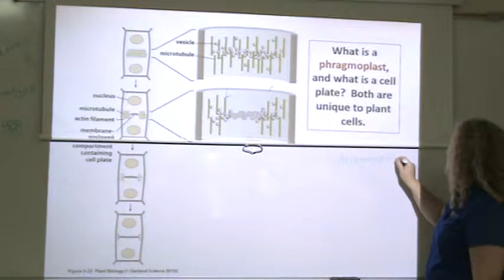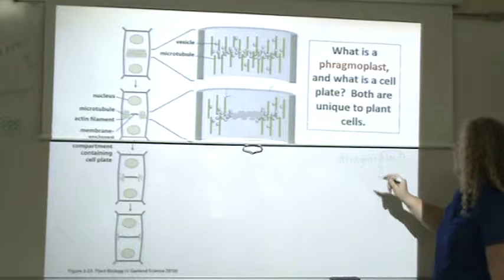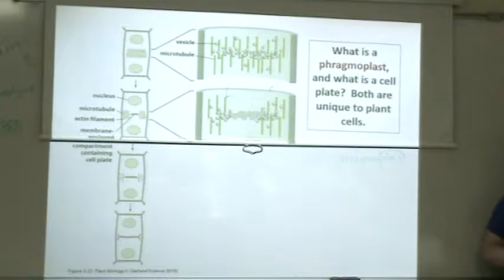So plast, what does plast tell you about the structure? Chloroplast, tonoplast, protoplast. Circle? They tend to be circular if they don't have a cell wall in with them. What did you say? Oval? Oval. Why do they form circles?